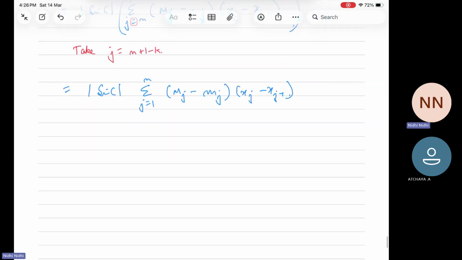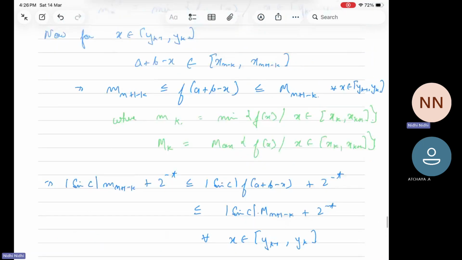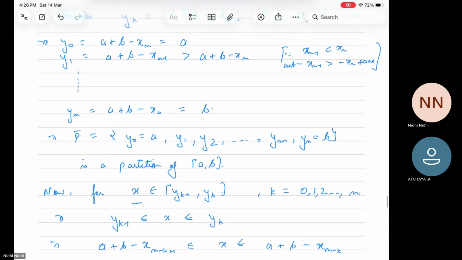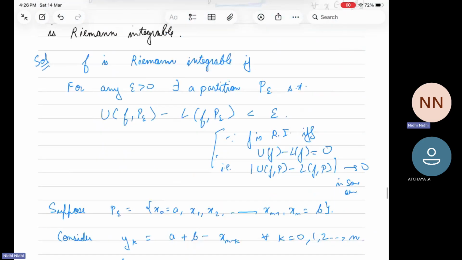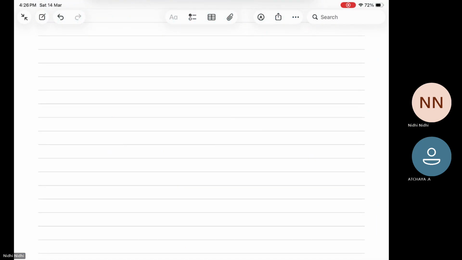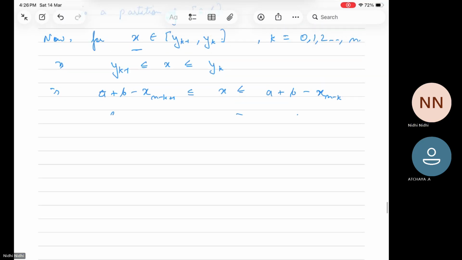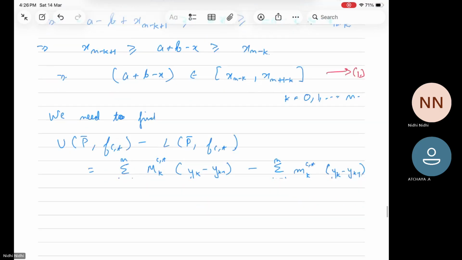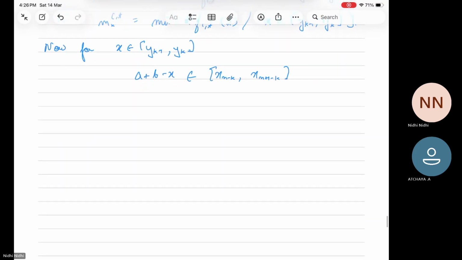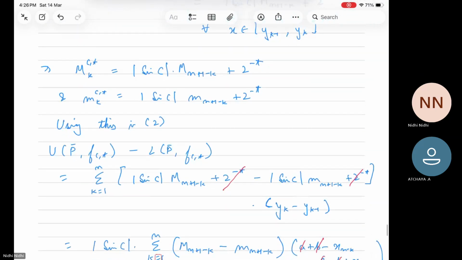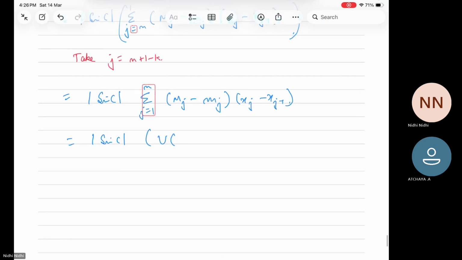Now this is equal to U(P, f) minus L(P, f). |sin c| times U(P, f) minus L(P, f), epsilon.